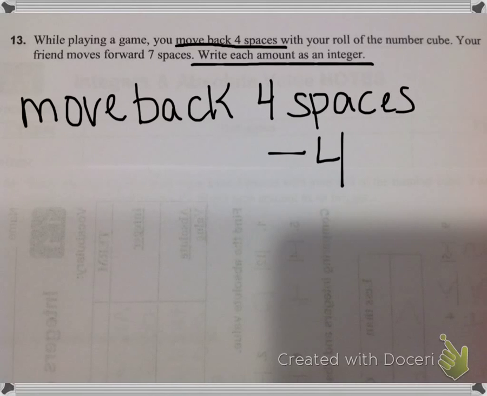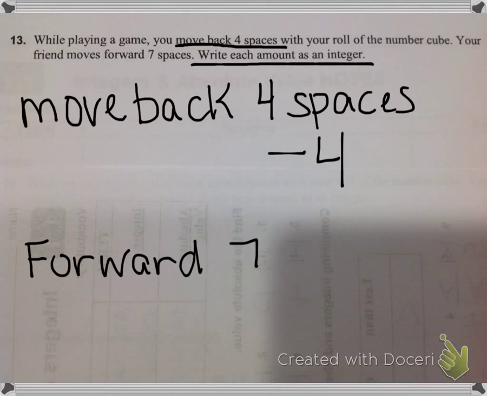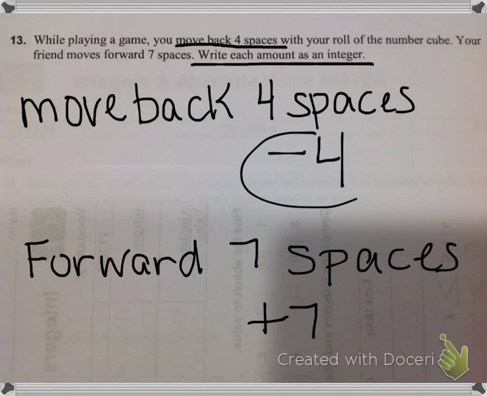Okay, moving forward 7 spaces, would that be a positive or a negative? Well, moving forward, think about playing a game, is a positive, so that would be a +7. So technically your answers for number 13 are -4 and +7.